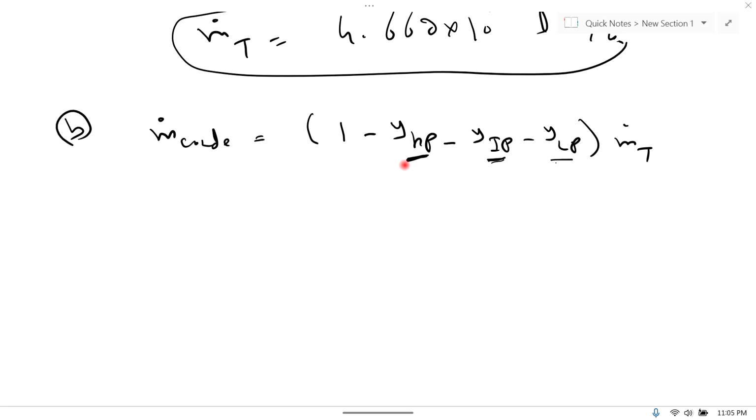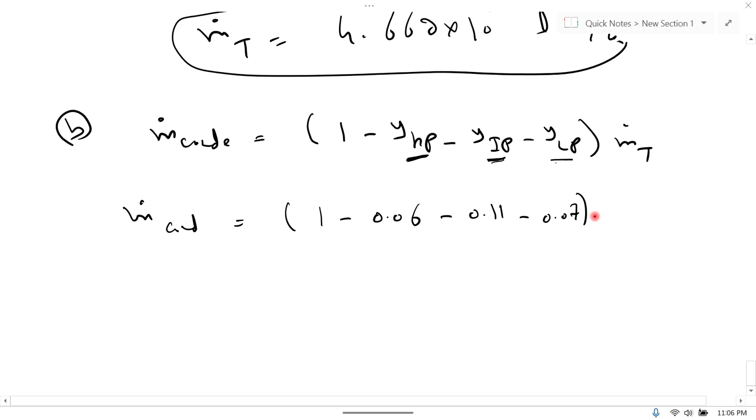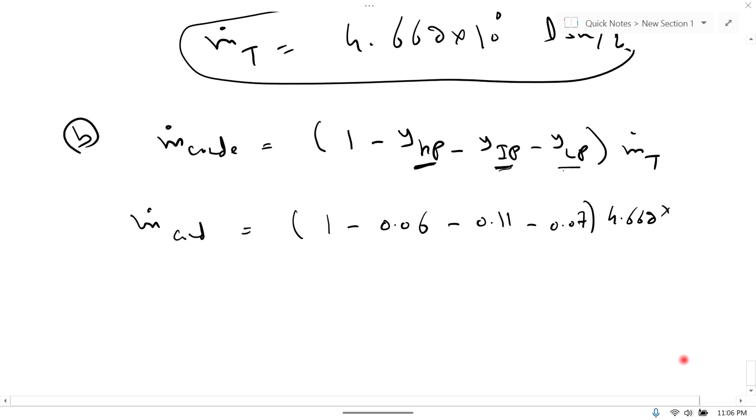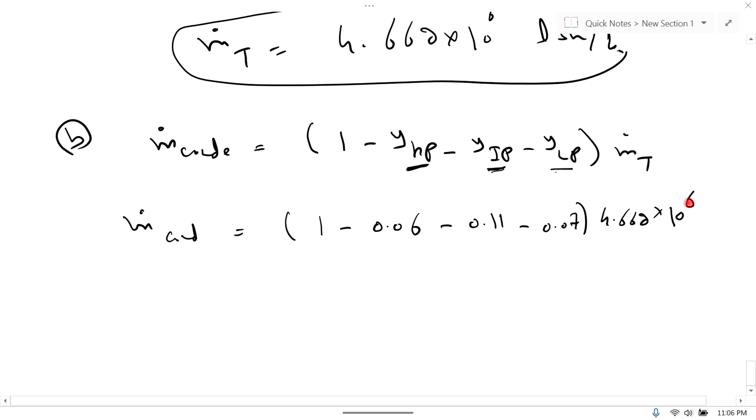So I assume these values. Finding them is not difficult but too lengthy, so I assume they are almost 0.1 or 0.06. For the high pressure turbine I assume y is 0.06, the intermediate pressure y is 0.11, and the fraction of mass used in the low pressure turbine is 0.07, multiplied by the mass flow rate of the turbine, 4.662 multiplied by 10 power 6 pound mass per hour.